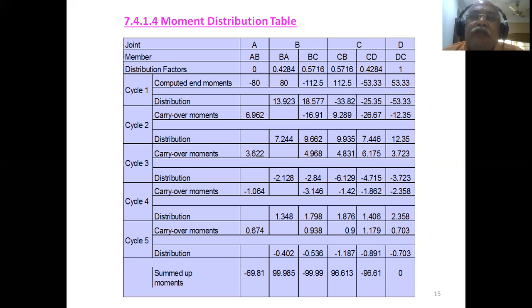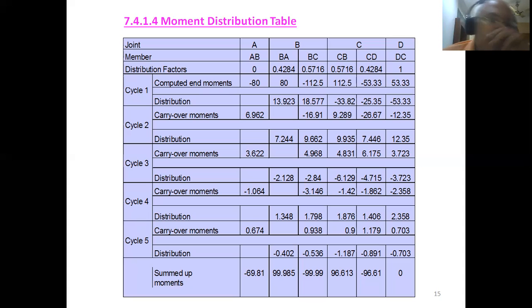Therefore, 26.67 minus 9.286, whatever difference we are getting, that difference will be multiplied by the distribution factor. We are going to get 9.935 at the BC member, and at the CD member we are getting 7.446.